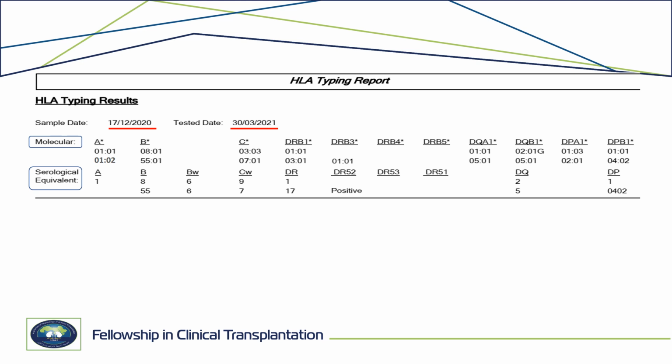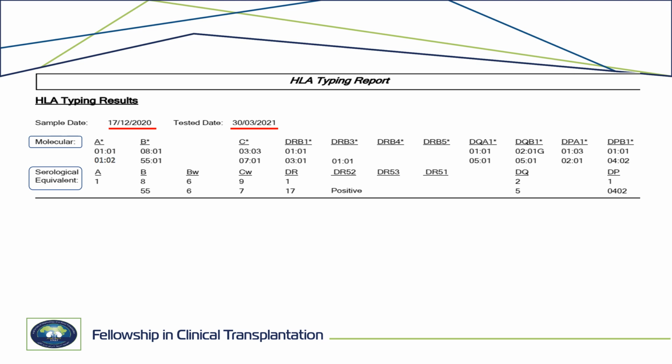So if you add the molecular typing to a computer software program, it will predict the serology or the protein level. Let's see the first example here. The typing for the A locus is 0101 and 0102. When we put this into the computer program, it will predict that the serology equivalent will be A01.